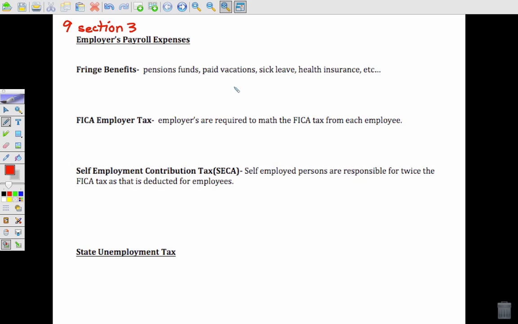Obviously, there are a lot of different funds and things that can be purchased for you. Another example is a TSA, a tax sheltered annuity. Your employer also might put money away, and that's just an investment for you.